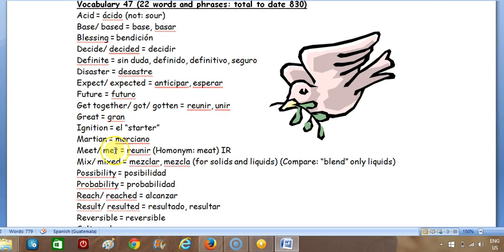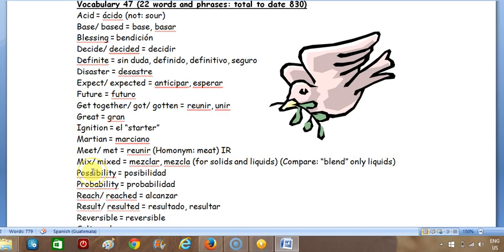You would expect a participle with en, but it doesn't have that. That's why it's irregular. Okay, this is a homonym with meet. Mix. Mixed. So when you are mezclando líquidos, then it's blend. So mix is for solids and liquids, and blend is for liquids only.